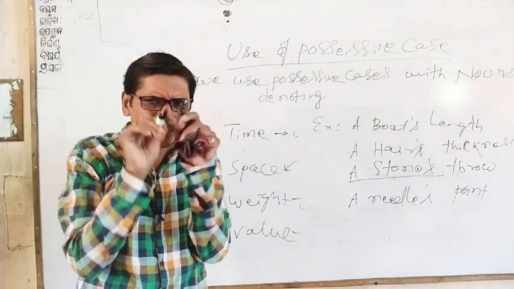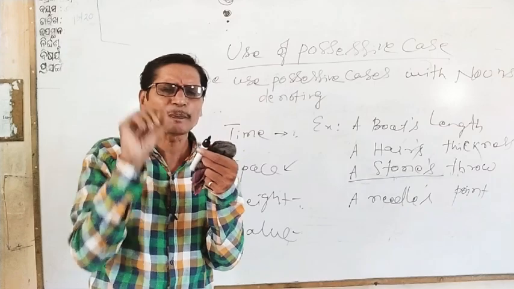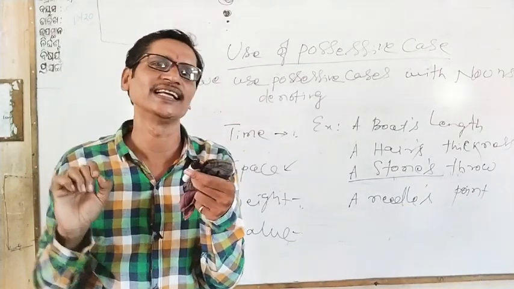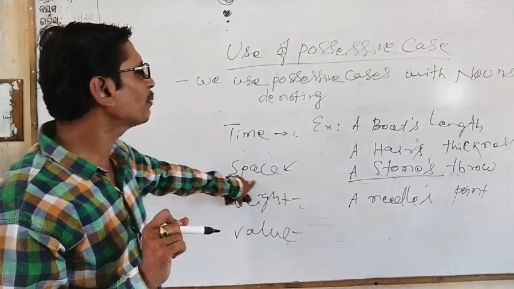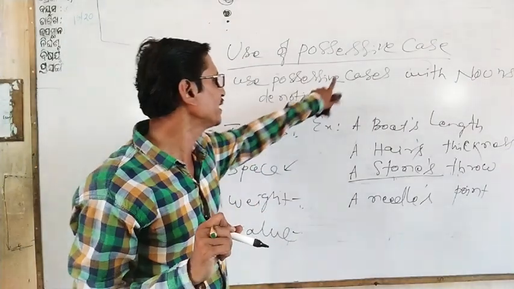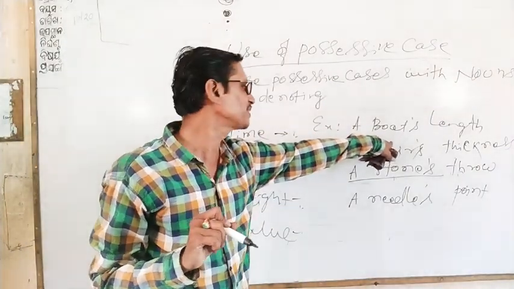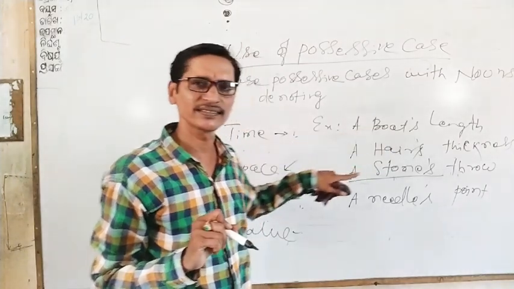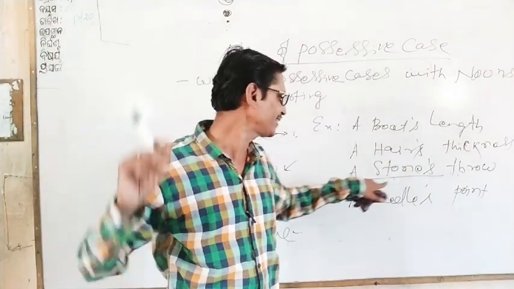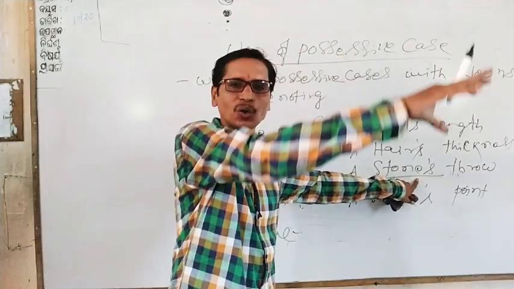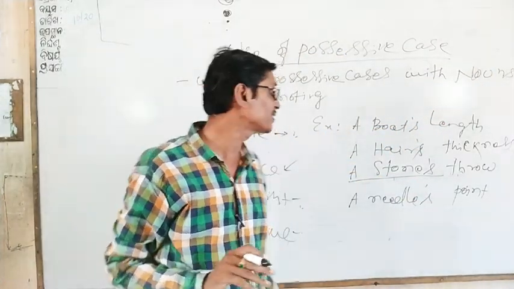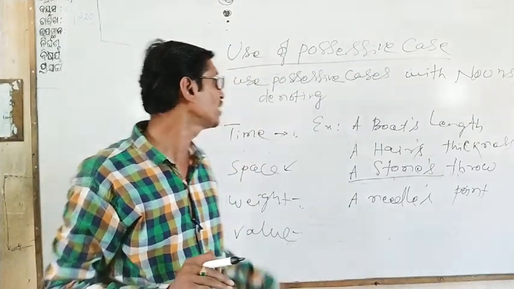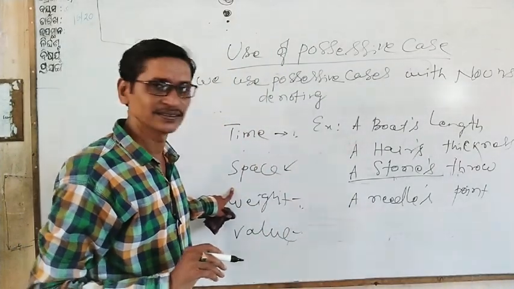That means the space we are creating is the point of a needle. Okay? So when we are talking about the space, we use the possessive case of this noun, like a boat's length, a hair's thickness, a stone's throw, a needle's point. These are some of the words that use possessive cases when we are talking about the space.